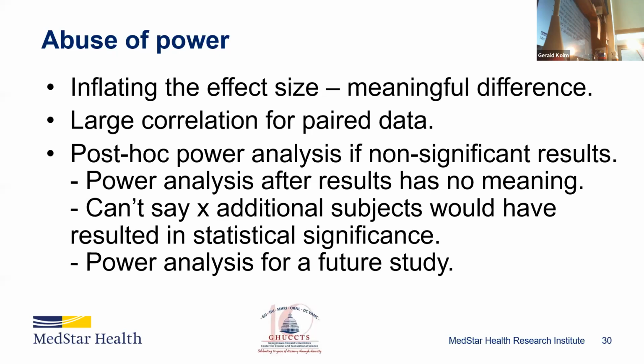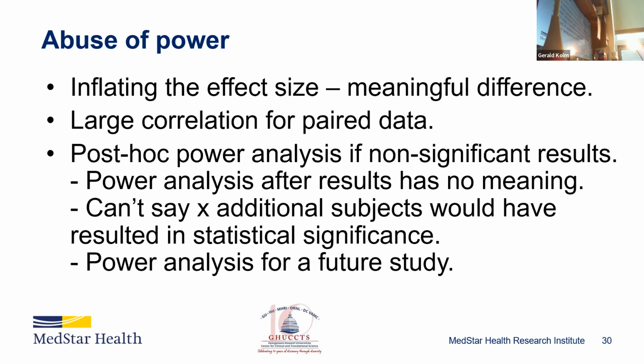In some of their journals, they actually required that you do a post hoc analysis if you got non-significant results. However, a power analysis after you've done your study really has no meaning, because presumably what you want to say is that, well, if we had an additional 50 subjects or 50 patients, we would have gotten statistical significance.